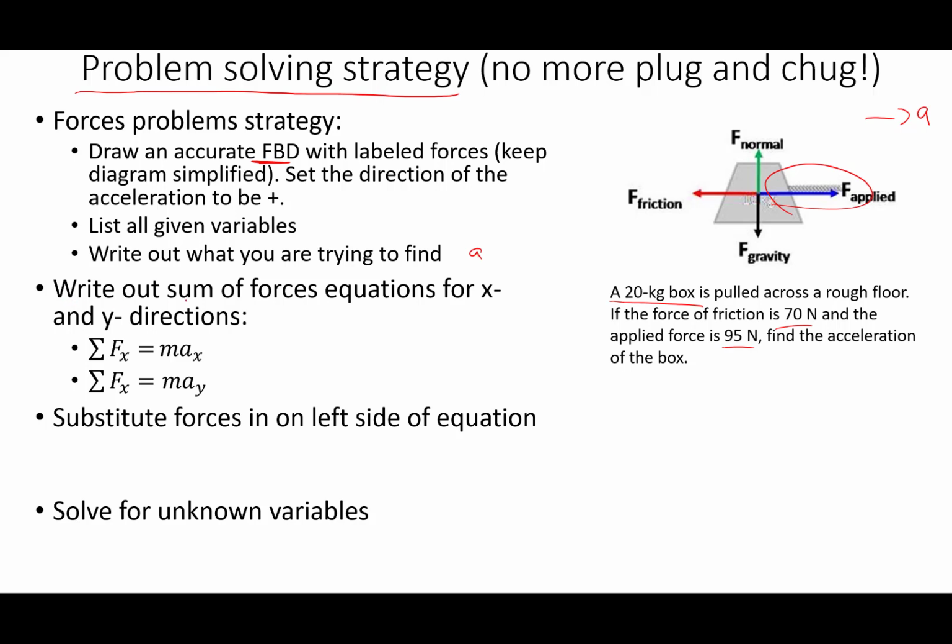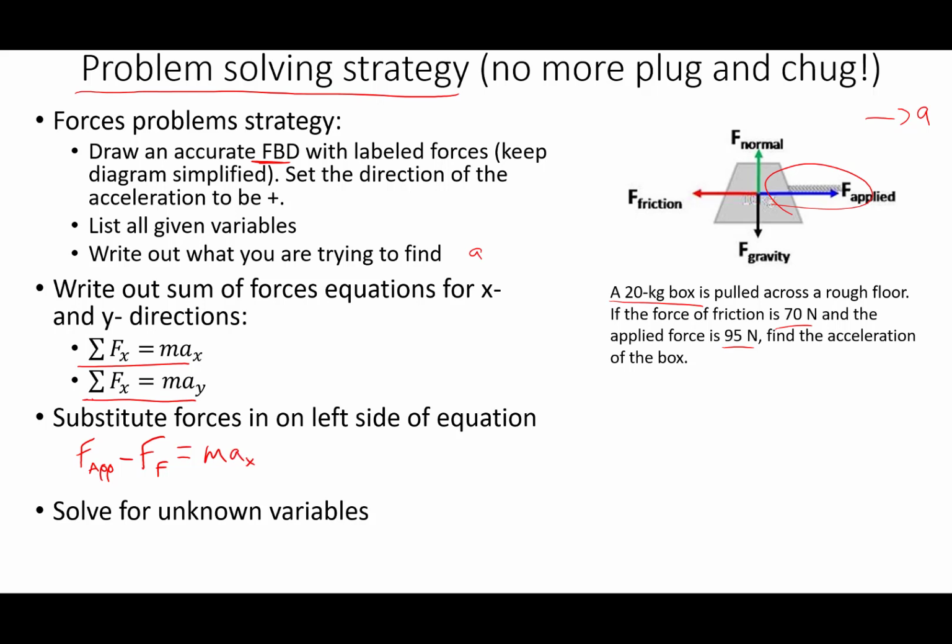Here's the important part. We need to write out the sum of forces equations for the x and y directions. That is Newton's second law for the x, Newton's second law for the y. So let's do that for this situation here. Sum of forces x equals m a x. Well, in the x direction we have the applied force to the right, F applied, minus the frictional force to the left, equals mass times acceleration in the x direction.